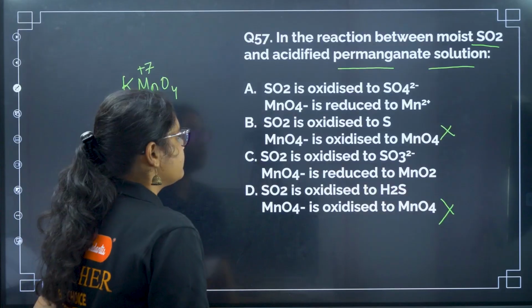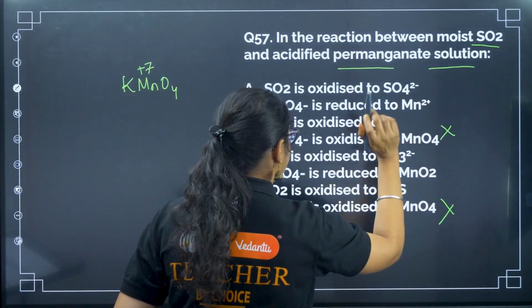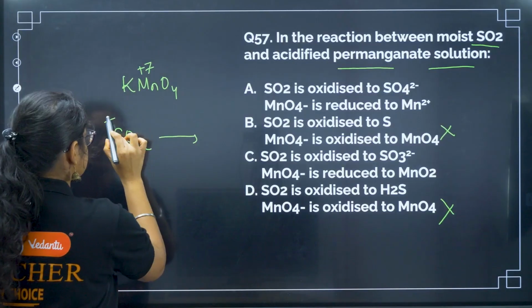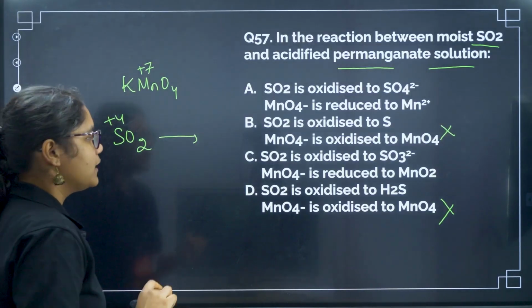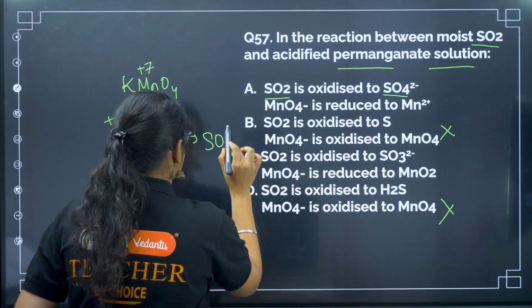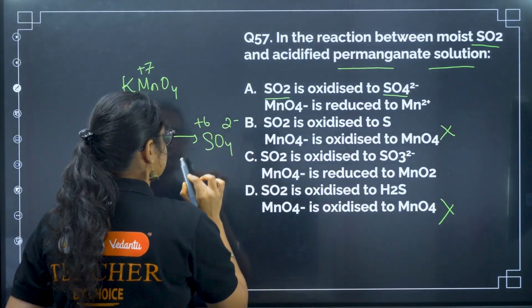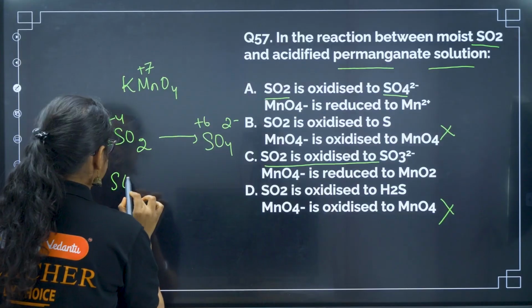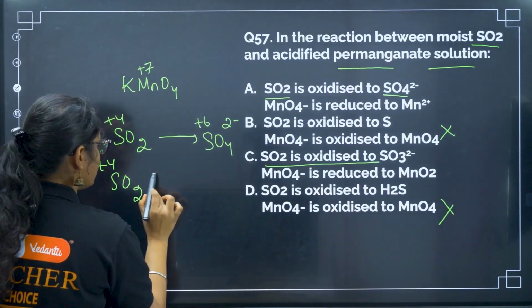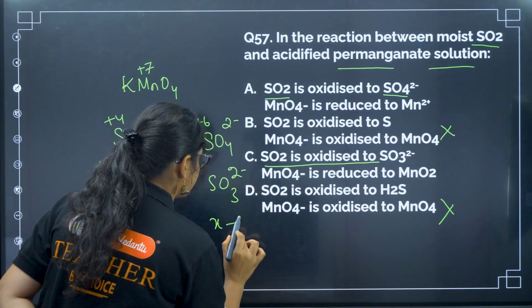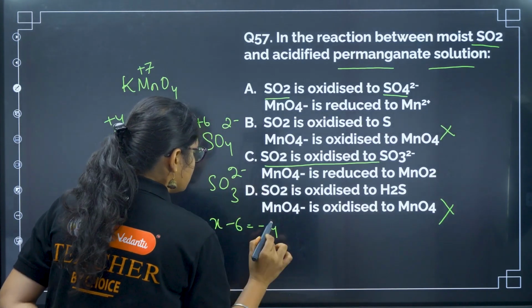Okay. Now if you see SO2, SO2 should be oxidized. What's the oxidation state of S in SO2? +4. Now if you see option number A, it is going to SO4 2 minus, so that is +6. Now if you see option number C, SO2 here is +4 and here it is going to SO3 2 minus, so x minus 6 is equal to minus 2.